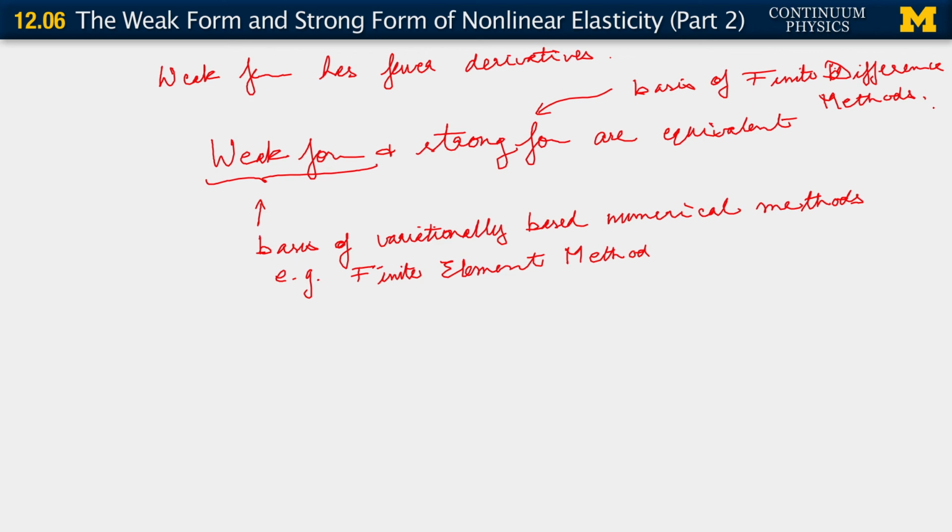Okay? We'll stop here. So what we've observed is that variational methods are very powerful. The use of variational principles allows us to make statements about equilibrium conditions for nonlinear elasticity. We observe that when we do this, we get an integral form of the equilibrium condition, right?